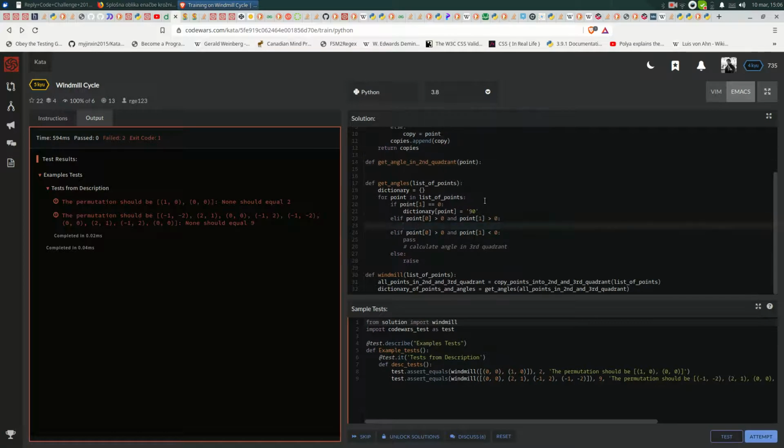So here what do we do? Say again, dictionary with a point. We do 90. Oh, it's get angle in second quadrant with point as an input. So how do we get angle in second quadrant?